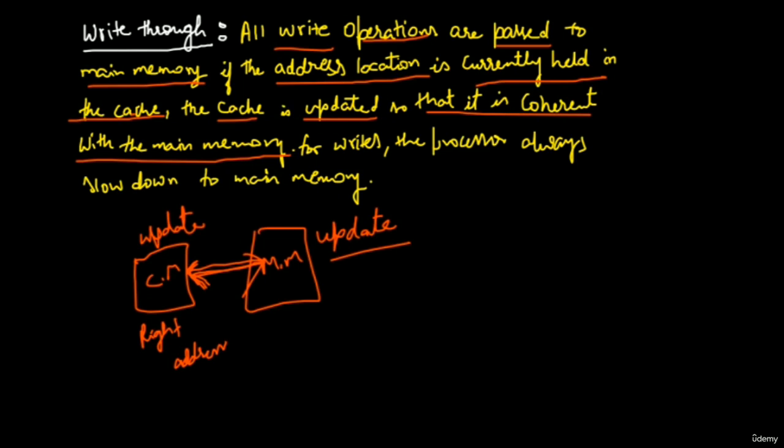That is the cache memory, and that is the meaning of write through. For writes, the processor always slows down to main memory. It is very obvious to get slowed down because we need to update the entire thing. Sometimes one thing affects the other also, so it requires a complete update. That is going to take some time. So this is about write through.